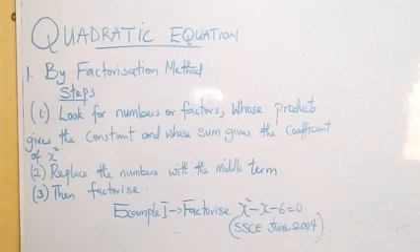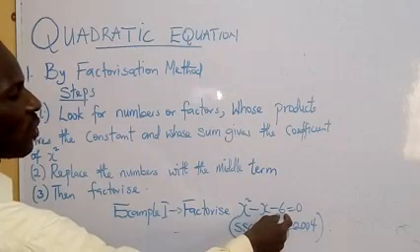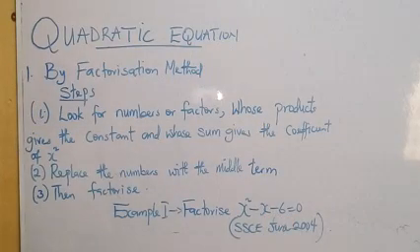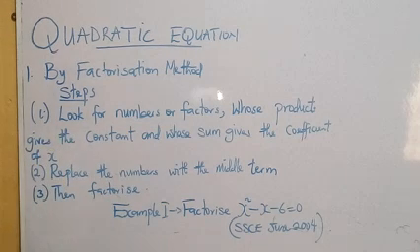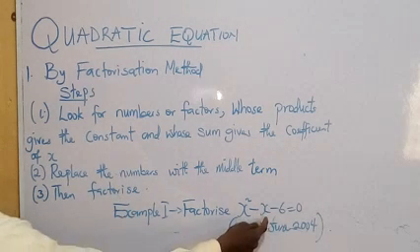You need to think of 2 numbers whose product gives the constant, which means when you multiply them, it gives the constant, and whose sum, when you add them together, gives the coefficient of x. Then you replace the middle term with the 2 numbers.